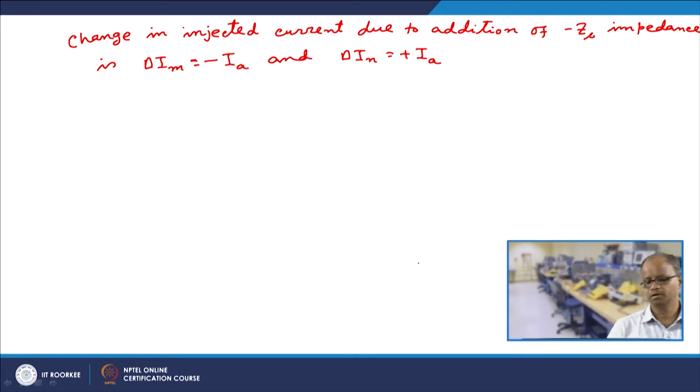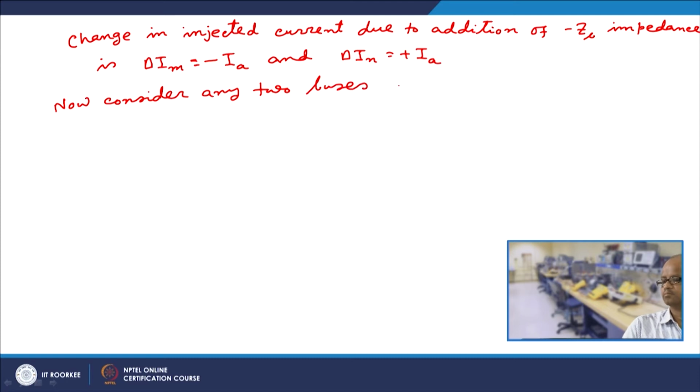So, what would be the change? Now consider any two buses, P and Q. Because of this change in injected current at bus M and bus N, delta V_p would be nothing but Z_pm into delta I_m plus Z_pn into delta I_n.